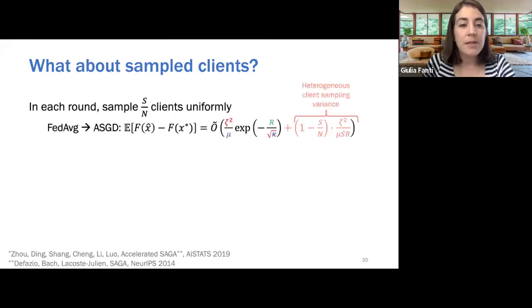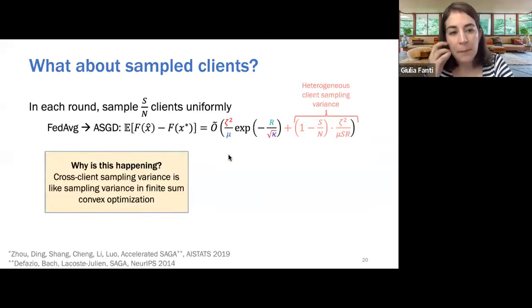And what happens is if you account for this sampling, we get the same expression from before for FedChain, but we also get this nasty additive term, which is coming from the sampling variance of heterogeneous clients, which is unfortunate because this is kind of drowning out the nice properties that we talked about earlier.